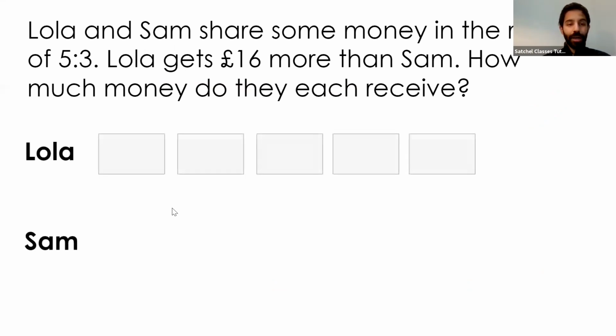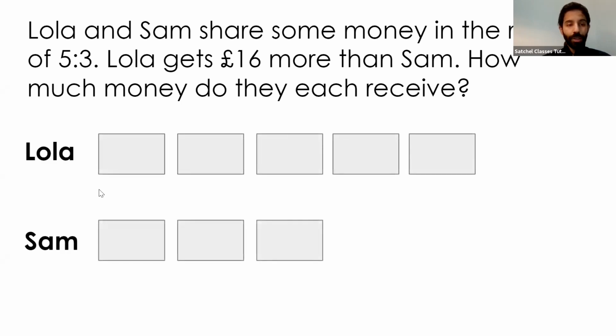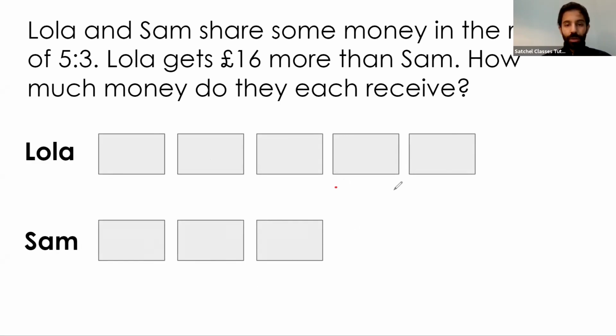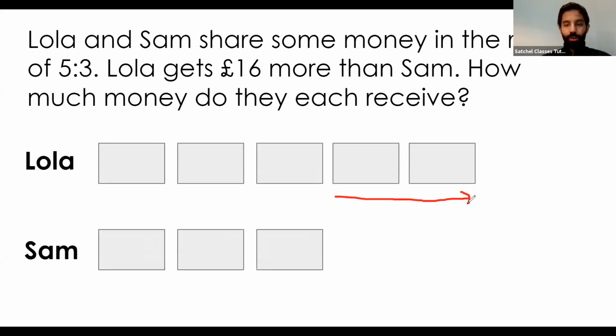So again, we can draw our bars. Lola gets 5 parts, Sam gets 3 parts. So Lola gets an extra 2 parts. And that 2 parts is the extra money that Lola received.